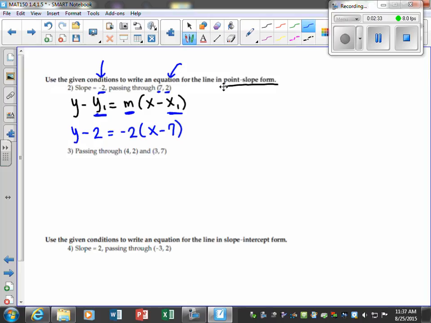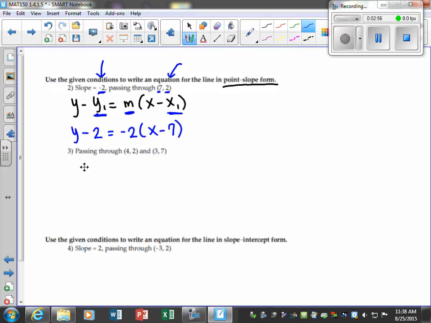We would just stop right there. Now, as a side, oftentimes you're asked to take that to slope intercept, and we'll probably do that a little bit later. But basically, you would take this, distribute it out, and then solve for y equals if they ask you to go further to the slope intercept form.